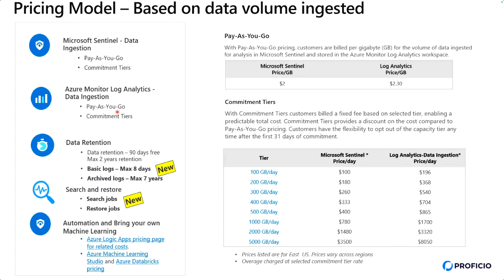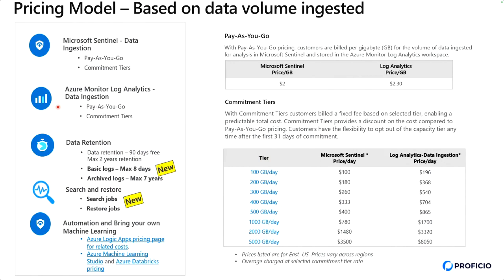Also, pay-as-you-go is available. As you can see, when you're ingesting about 100 gigabytes per day, it's automatically suitable to opt in for the first tier, and then you will have a fixed price for this solution. You will have a discount compared to pay-as-you-go.